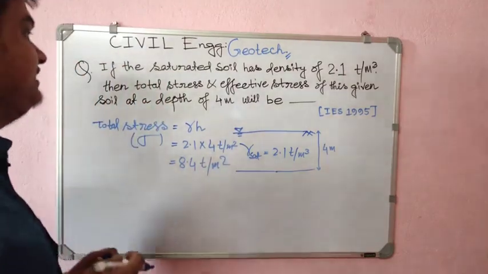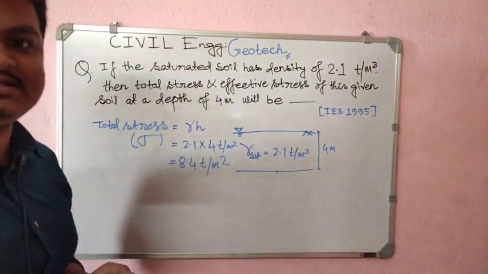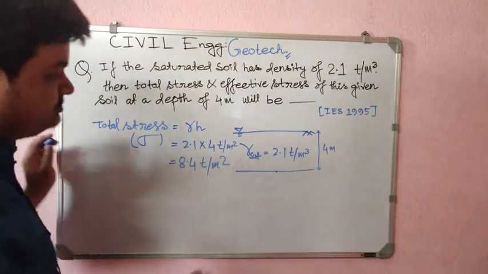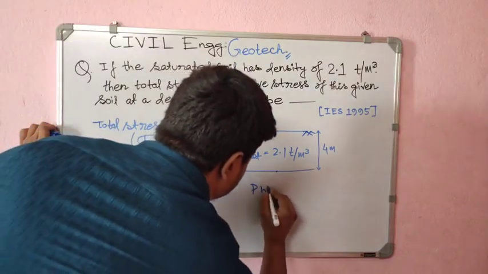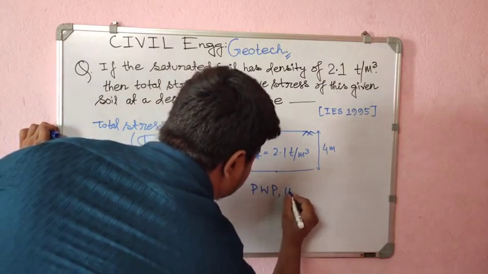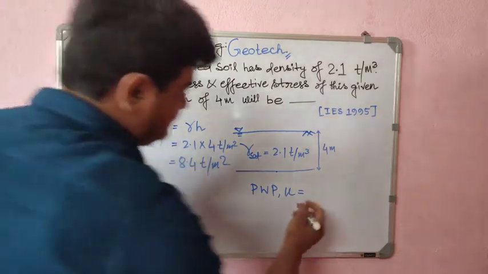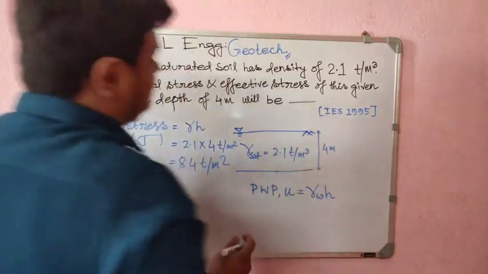Now we have to find out the effective stress. For finding the effective stress, we first have to find the pore water pressure. Pore water pressure U is gamma W into H, that is just the hydrostatic pressure within the soil.